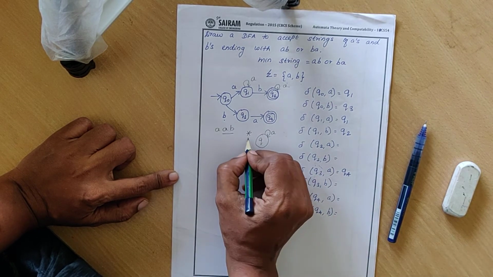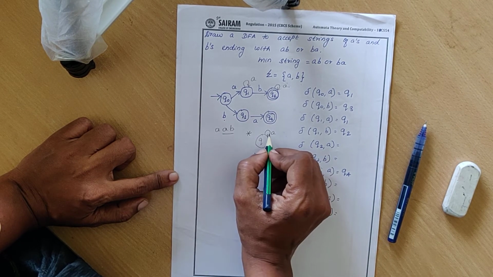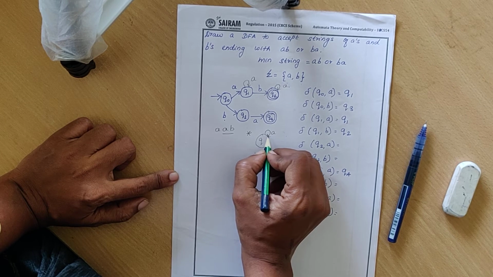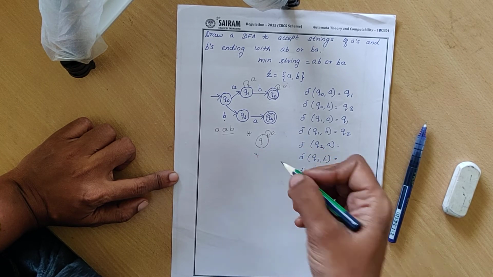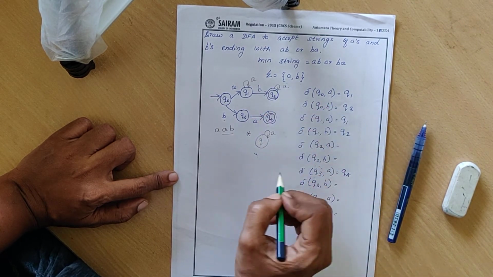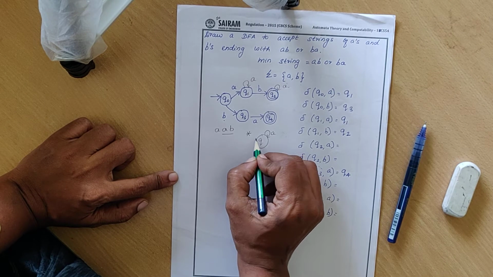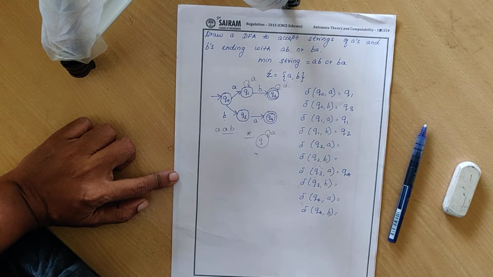You know star takes null or more occurrences. So I can have a single A, 2 A's, 3 A's, that is more occurrences of A, or I cannot have anything. This can be null also.